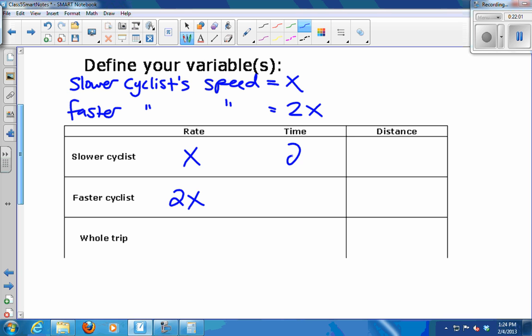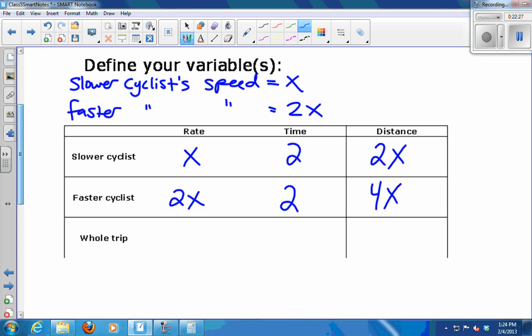They both travel for 2 hours. And then we know rate times time equals distance. So the slower cyclist travels 2x miles, because they're going x miles per hour times 2 hours. And the faster cyclist goes twice as far, because she's going twice as fast. She travels 4x miles.